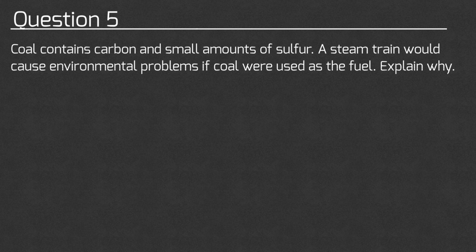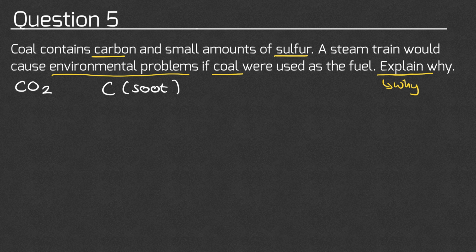This question says that coal contains carbon and small amounts of sulphur. A steam train would cause environmental problems if coal were used as the fuel. Explain why. So this fuel contains carbon and sulphur, and we'll come on to why that's important in a moment. We need to look at what environmental problems these two would cause. And we then need to explain, which means give a reason why.